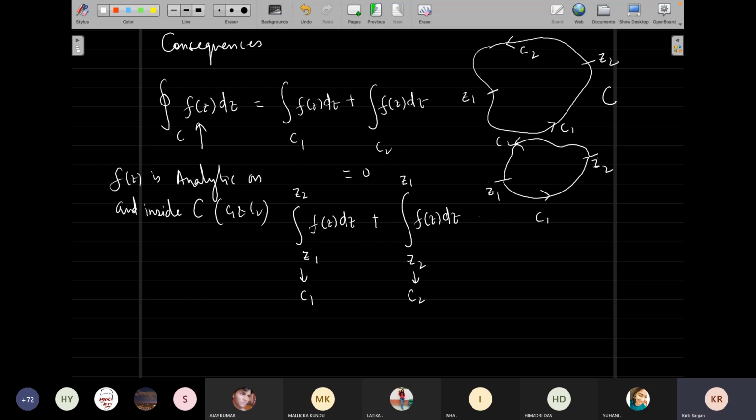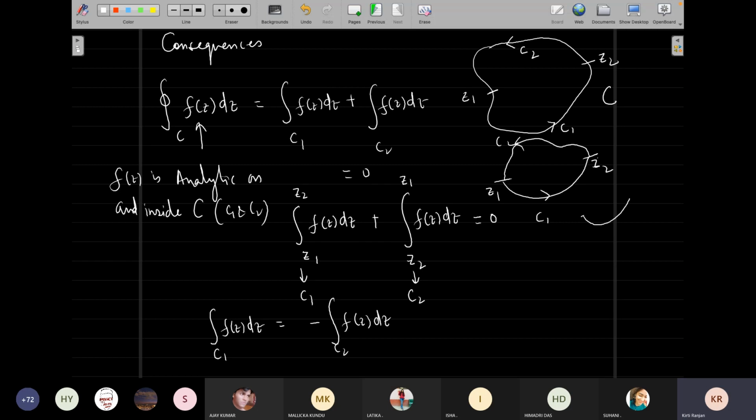This is equal to 0. So what do we get? We get the integral over C1 of f(z) dz is equal to minus the integral over C2 of f(z) dz. This is a very simple consequence.